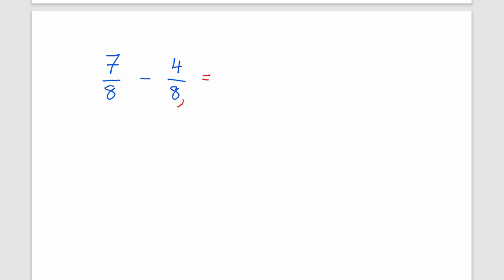Just use the like denominator. Do you remember when I told you that we cannot add fractions without like denominators? To start, I want to remind you about this note also.